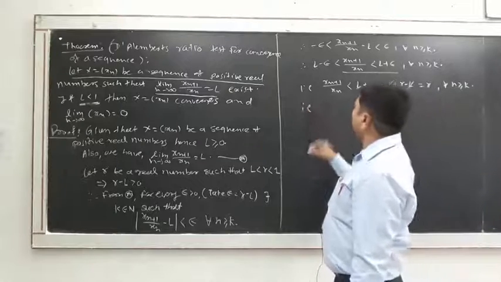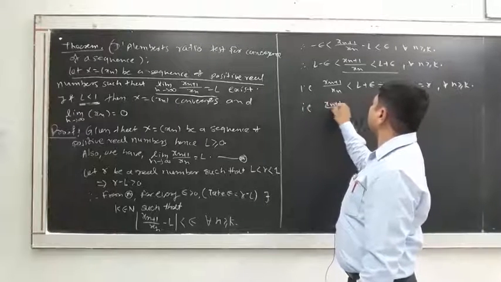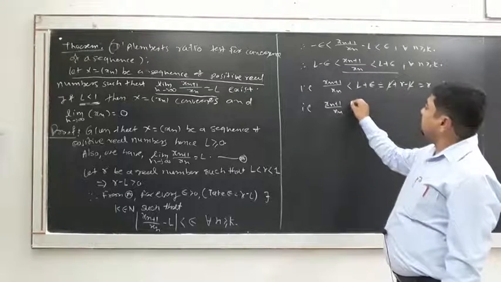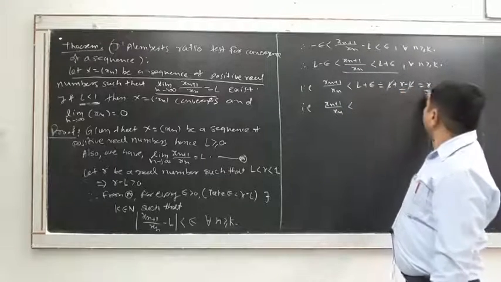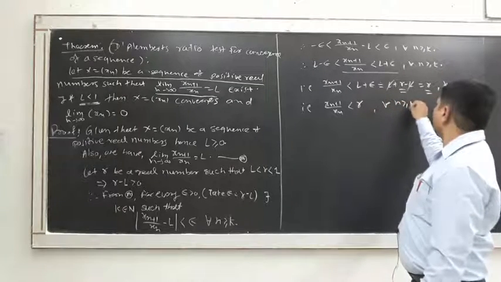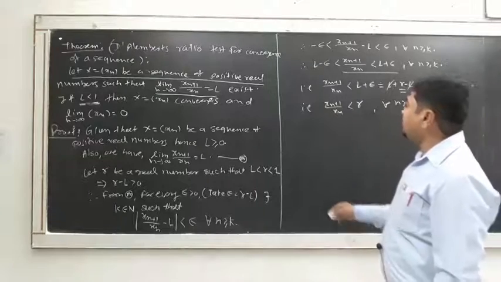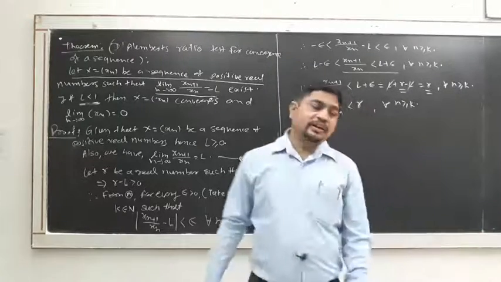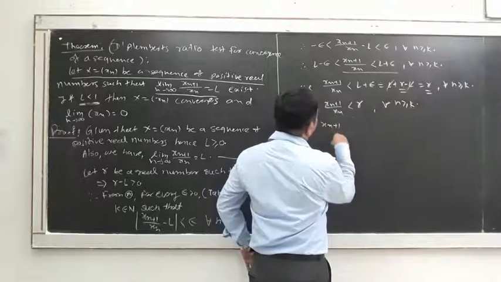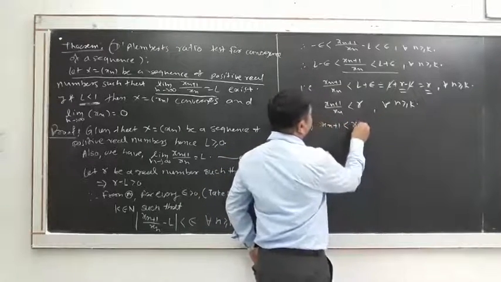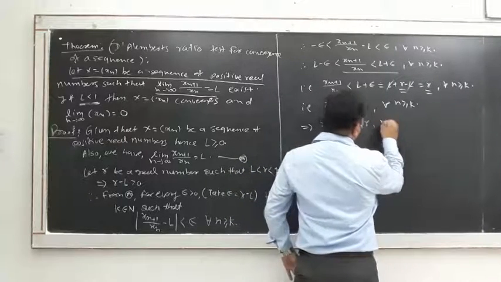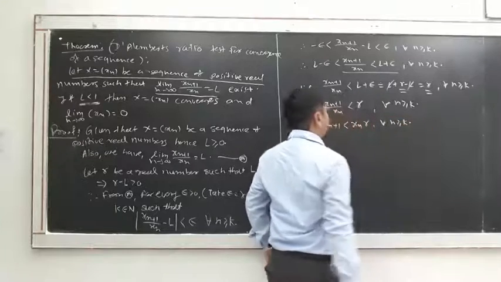That is, xn+1 upon xn is strictly less than r for all n greater than or equal to k. And this implies, since both the terms are positive, that xn+1 is less than xn times r for all n greater than or equal to k.